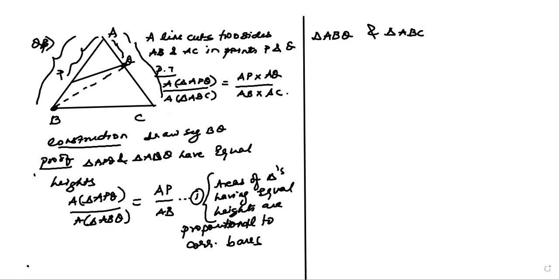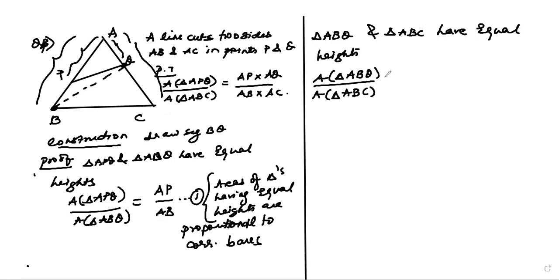So they have equal heights. So again, area of triangle ABQ upon area of triangle ABC, the ratio of the areas of two triangles is equal to the ratio of the corresponding bases, AQ upon AC. That is statement number 2.